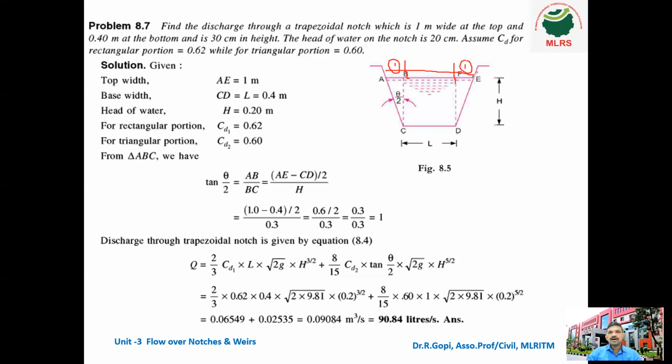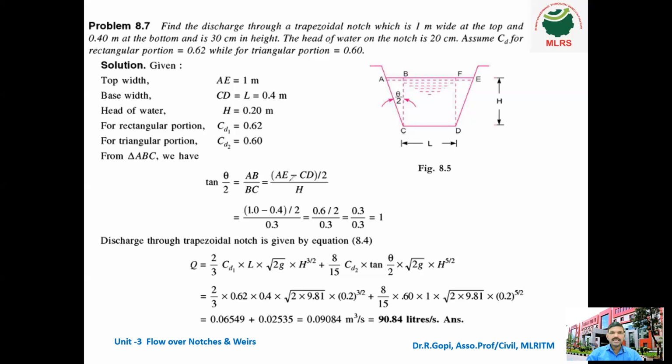These two lengths are equal, so divided by 2: AE minus BF divided by 2 is your AB length.